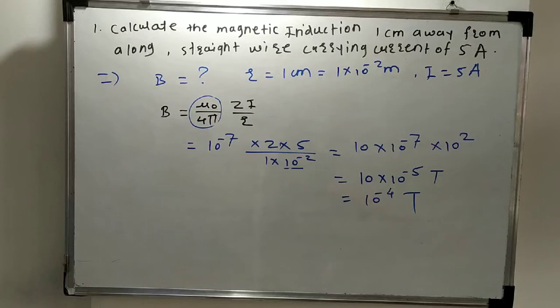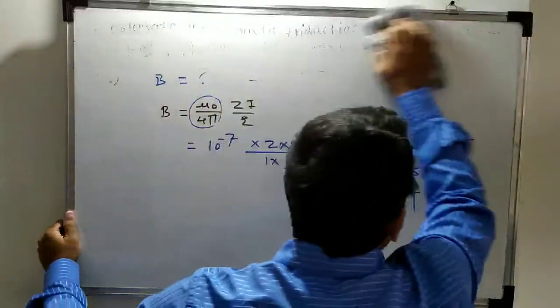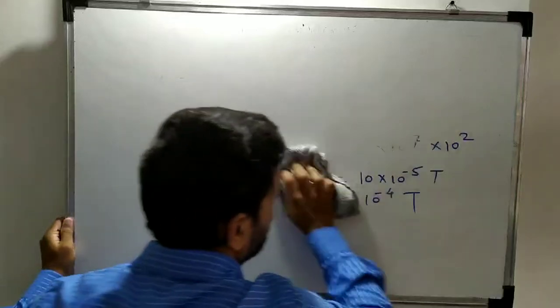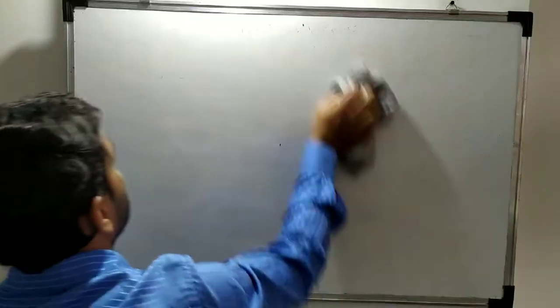So this is one numerical. In the same manner, we can consider one more numerical. What is the second numerical?